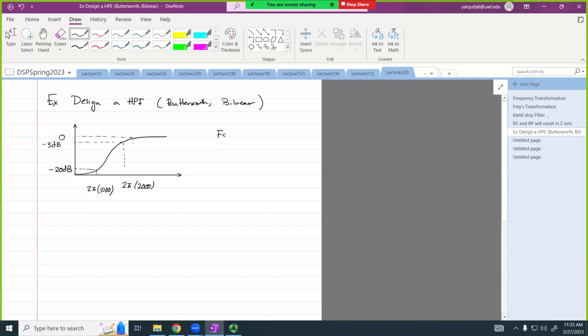And the sampling frequency is equal to 10 kilohertz. Again, omega cutoff is 2 pi multiplied by 2000. Omega stop is equal to 2 pi multiplied by 1000. And alpha is equal to 20 dB.